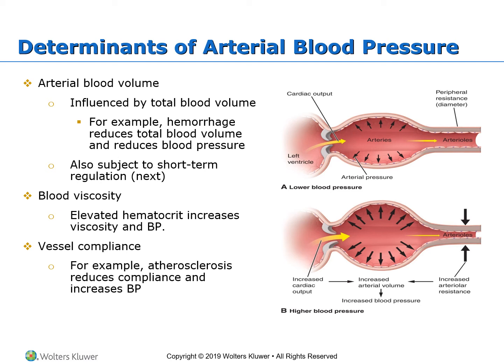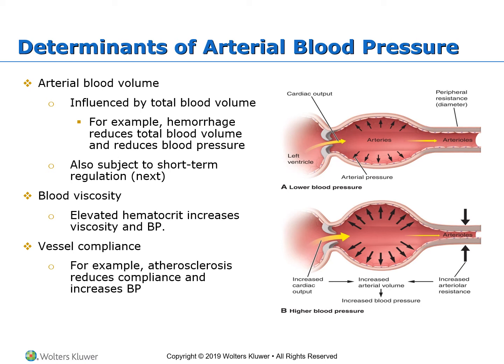Another element that is reflecting and will influence the arterial blood pressure is the blood viscosity. Blood is a fluid, and the more viscous a fluid is, the higher will be the pressure that the fluid will exert on the walls.